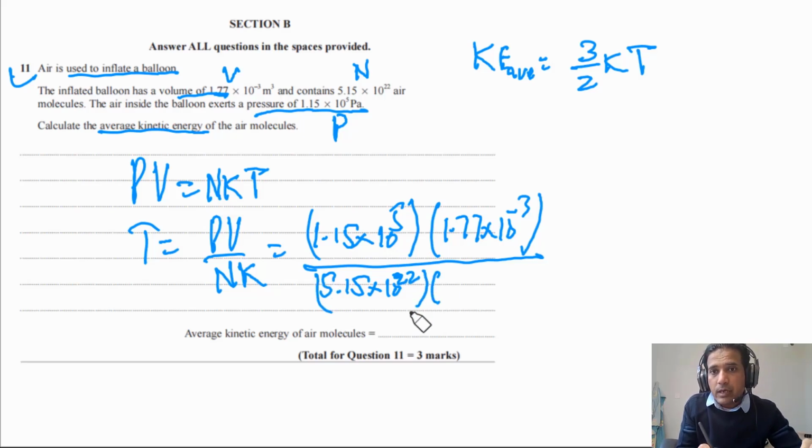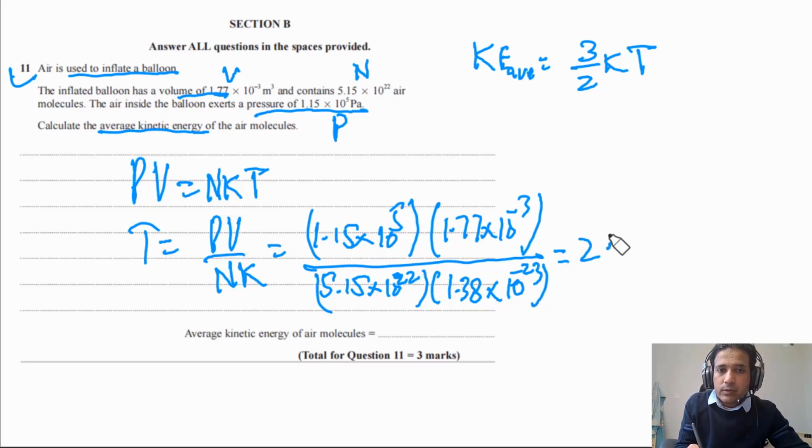This is Boltzmann's constant, and it is equal to 1.38 times 10 to the minus 23. Now if we solve this one, we will get 286 kelvins. So this is the value of T. Now simply we can plug in here.